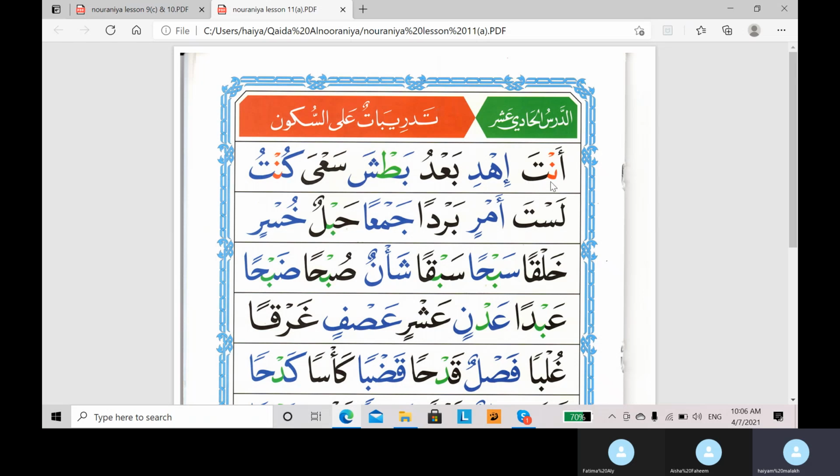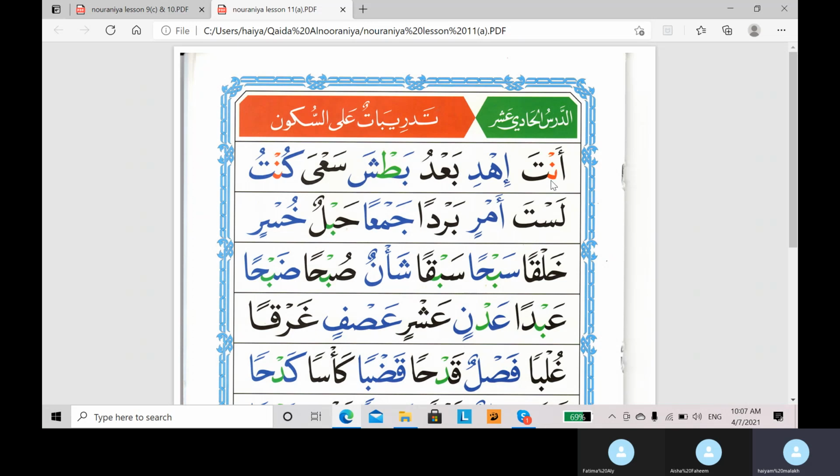Like here in the first one, the first letter is hamza, but the next letter is sukun. I look to the sign. It doesn't matter what the letter is. The most important is the sign. If sukun, then I have to read two letters together. But if the noon has fatha, I will say hamza fatha a, noon fatha na, separately. But because the noon has sukun, I have to read the hamza and the noon together.